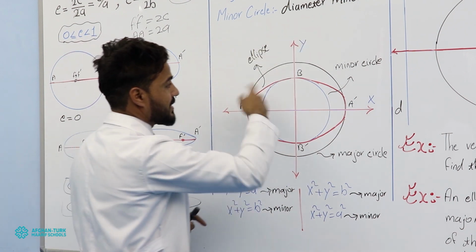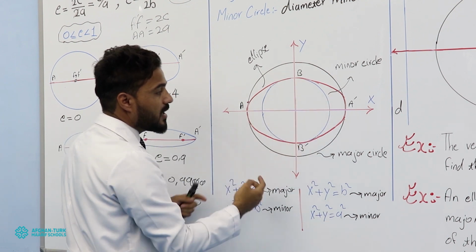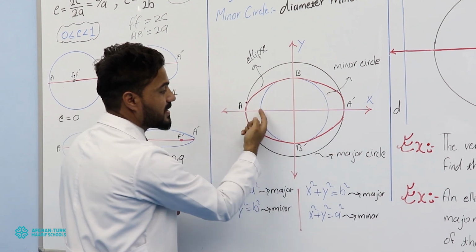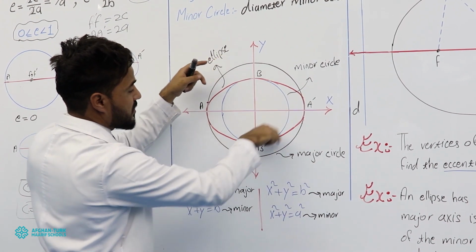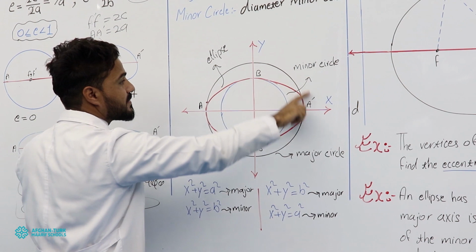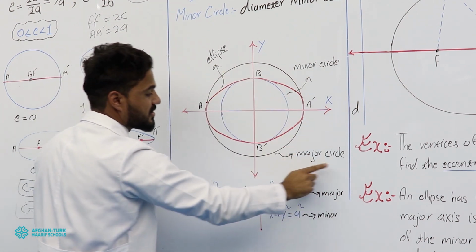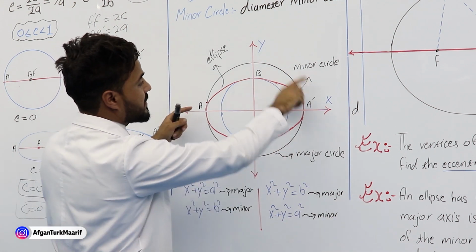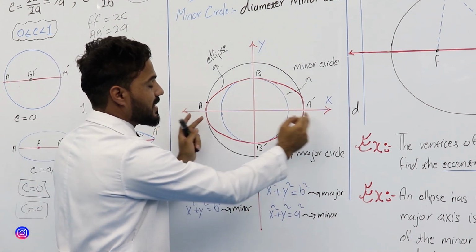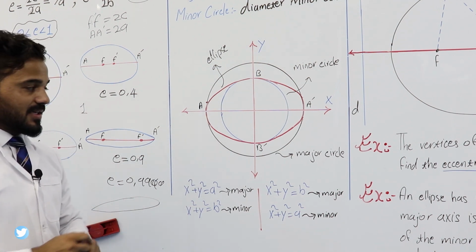In this shape you can say that this circle is the minor circle of this ellipse. Why? Because the diameter of this circle is the minor axis of this ellipse. But this circle is the major circle because the diameter of this circle is the major axis of this ellipse. So every ellipse has two circles, major circle and minor circle.